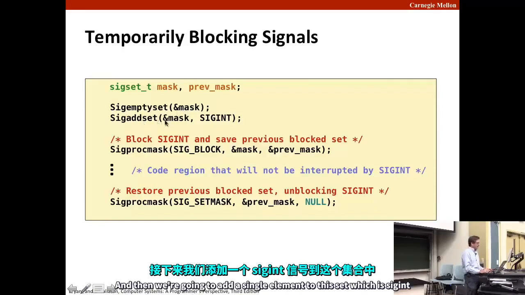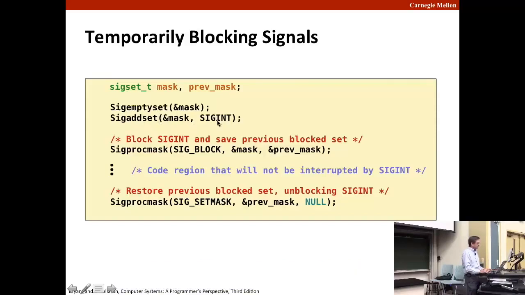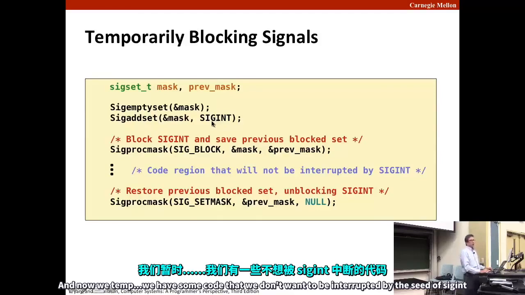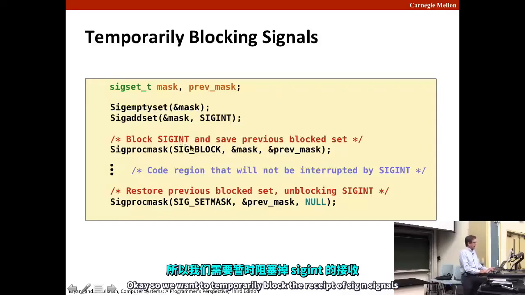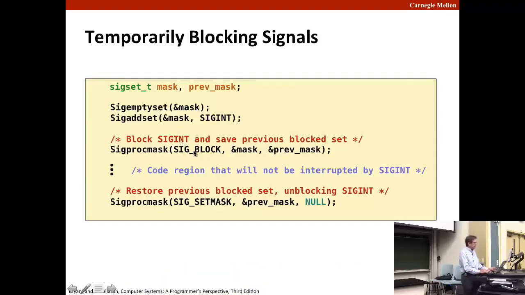And then we're going to add a single element to this set, which is SIGINT. Now we have some code that we don't want to be interrupted by receipt of SIGINT. So we want to temporarily block the receipt of SIGINT signals.